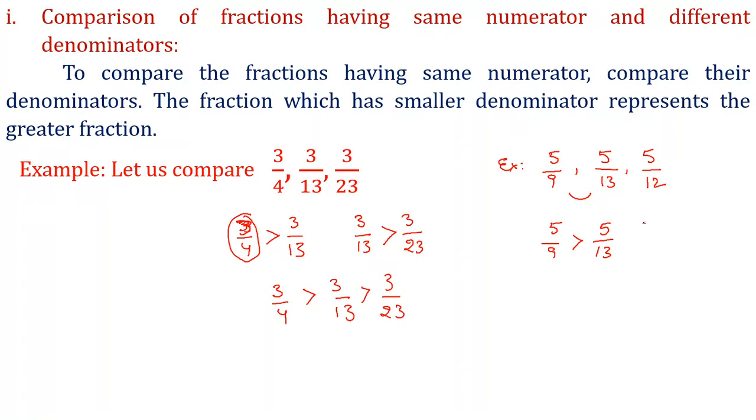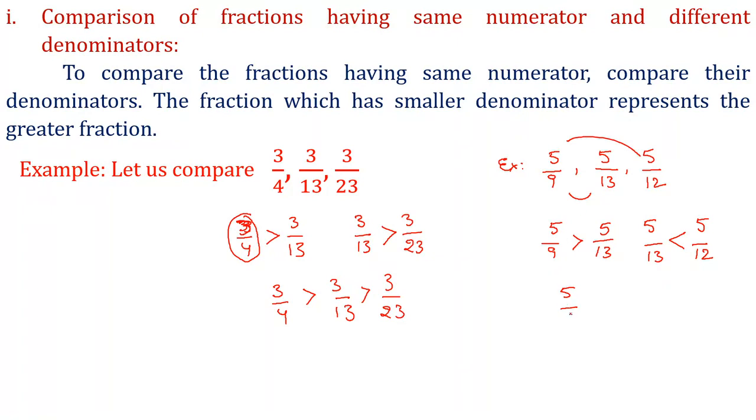Now I am taking the next two, 5 by 13 and 5 by 12. 5 by 13 is less than 5 by 12, which means 5 by 12 is greater than 5 by 13. Okay, so from these two expressions, how can you write this? 5 by 9, and also you can find out the comparison between the first and last also.